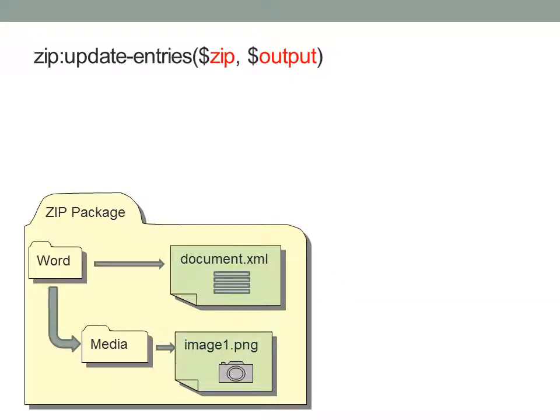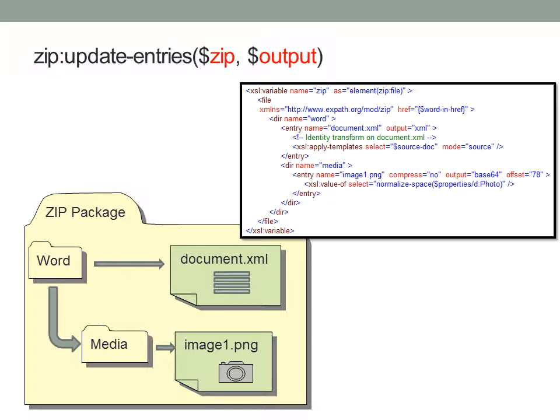The most significant part of the XSLT style sheet in this case is a call to update entries. This is an XPath extension function, and it takes 2 arguments, zip and output.